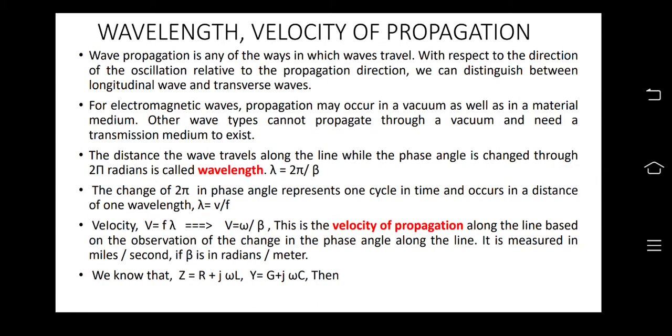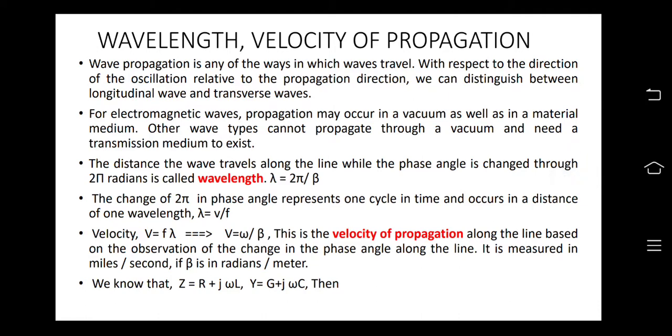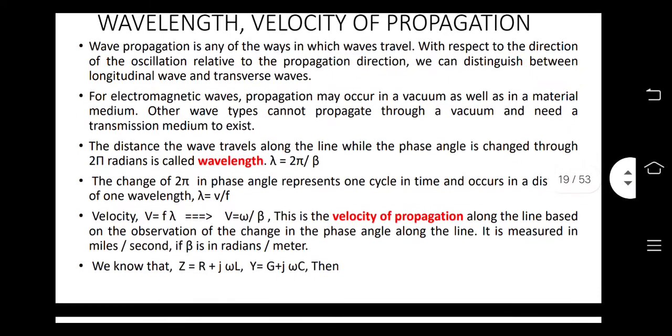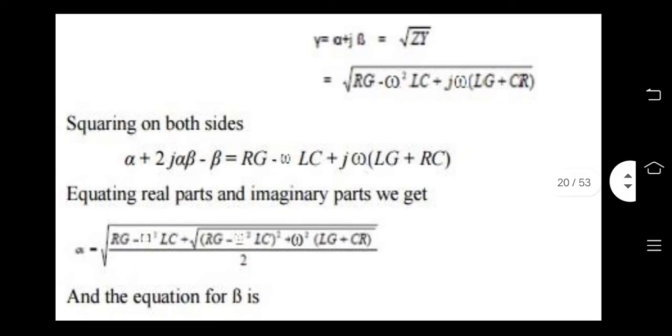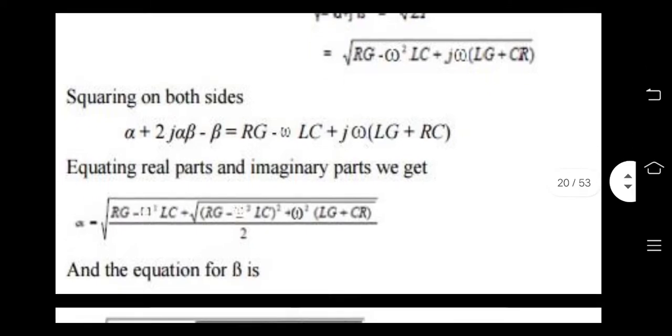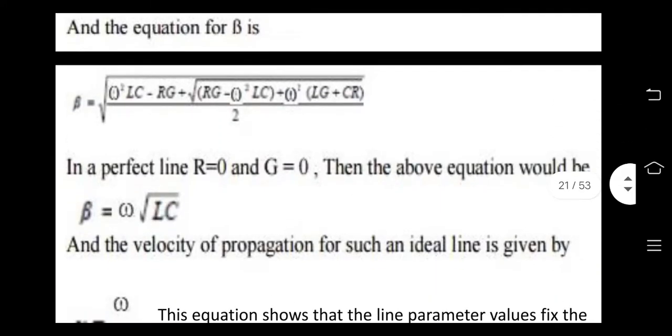You know that Z equals R plus j omega L and Y equals G plus j omega C. Then gamma equals alpha plus j beta, which is equal to square root of ZY, which is again equal to square root of (R plus j omega L)(G plus j omega C), that is, RG minus omega square LC plus j omega (LG plus CR). So squaring on both sides we get this equation, and equating the real parts we get alpha, and then by equating the imaginary parts we get the equation for beta.